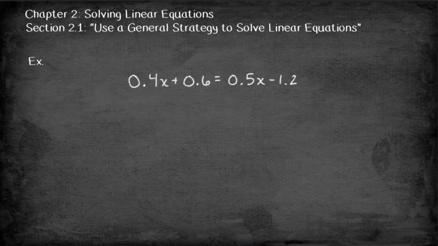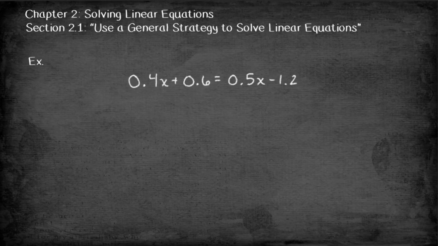Next up is an example with decimals. And we're going to approach equations with decimals similarly to with fractions. We want to clear them to make whole numbers and make our lives a little bit easier. And to clear decimals, all we have to do is multiply by the right power of 10.